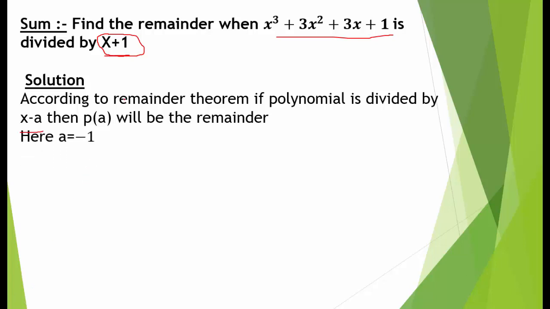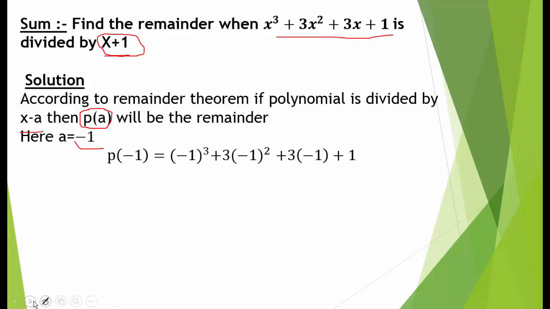Now to find the remainder, according to the remainder theorem, we will find the value of the polynomial at a, means the value of this polynomial at minus 1. Now to find the value, we will replace this x with minus 1. Now p of minus 1 is minus 1 cube plus 3 into minus 1. I just replace the x with minus 1.